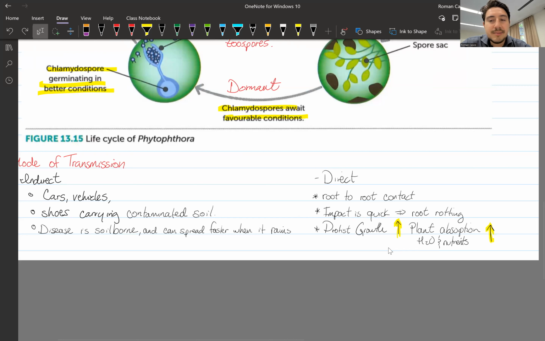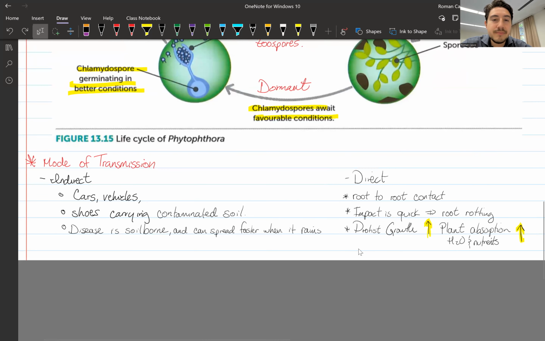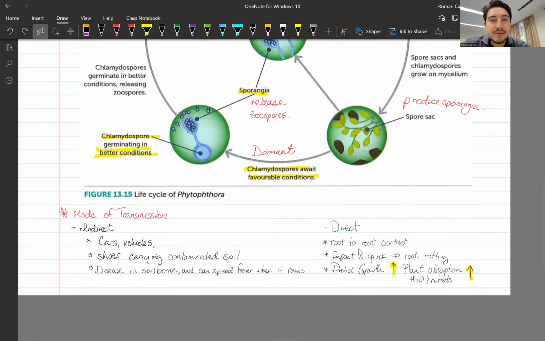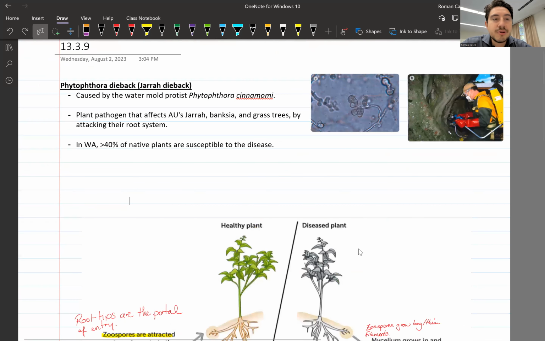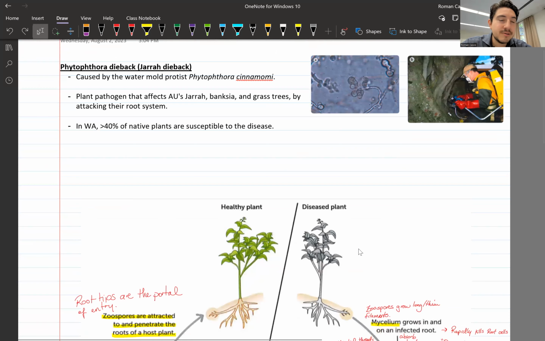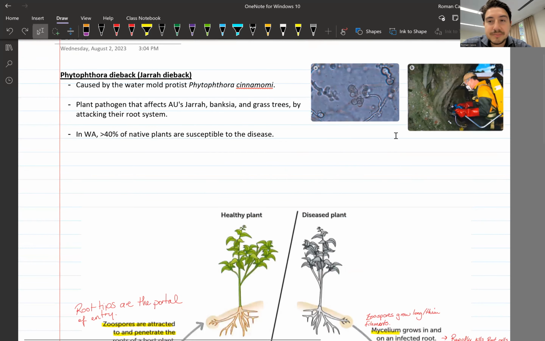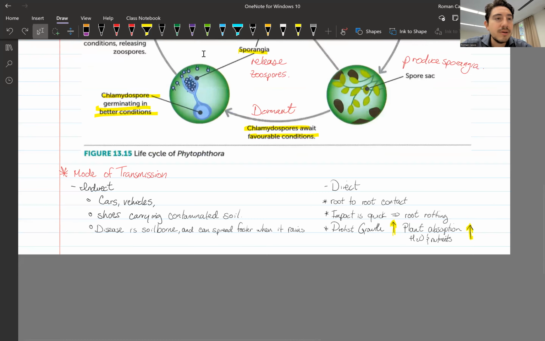So it will basically steal from the plant. So it's basically killing the organism. All right, so here you have Phytophthora dieback. It's also known as Jarrah dieback. Okay.